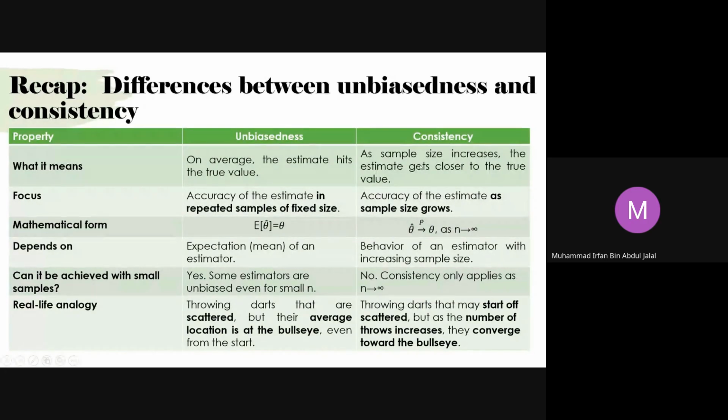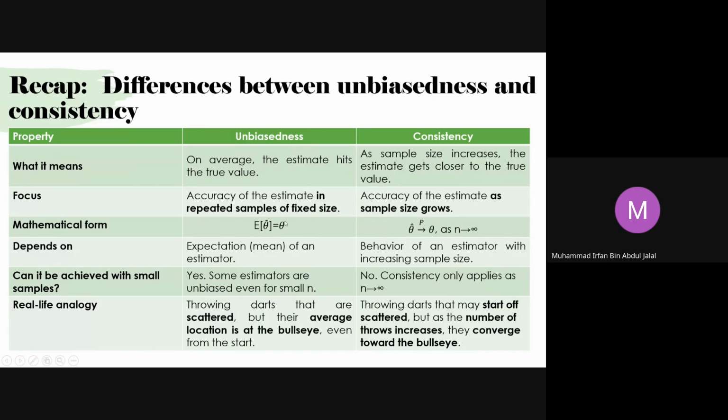Consistency means that as the sample size increases, the estimates get closer, or converge, in mathematical terms, to the true value. Unbiasedness focuses on the accuracy of the estimate in repeated samples of fixed size, for example n equals 100, n equals 100, n equals 100, because we fix the sample size. Consistency focuses on the accuracy of the estimates as the sample size grows.